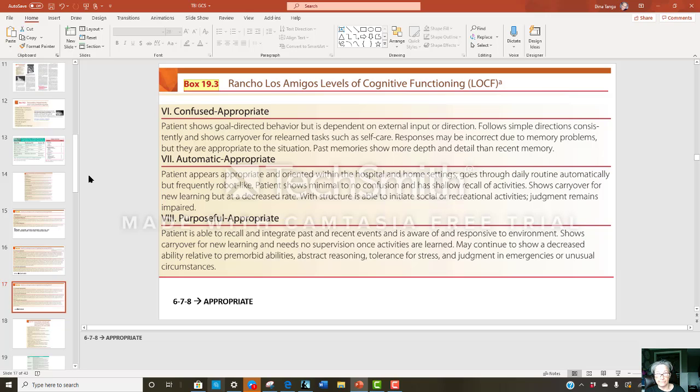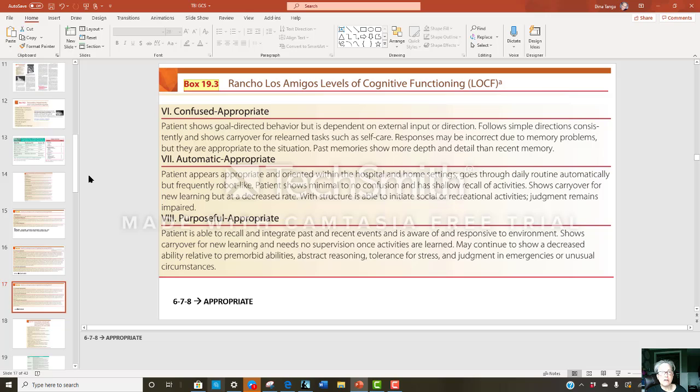Automatic and appropriate. Patient appears appropriate and oriented within the hospital and home settings. Goes through daily routine automatically, but frequently robot-like. Patient shows minimal to no confusion and has shallow recall of activities.